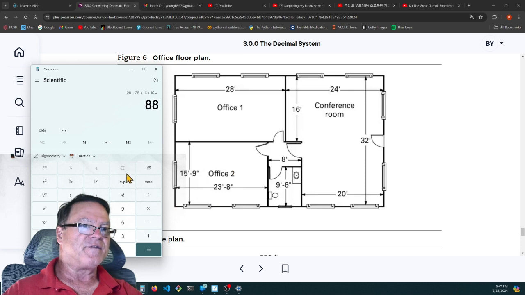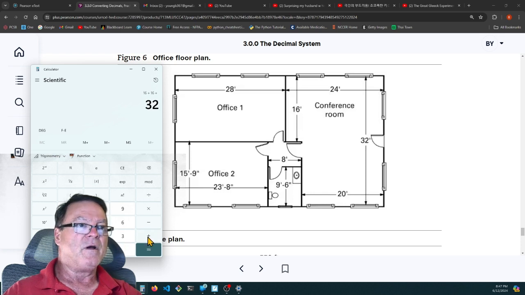The second office, 15 feet 9, I went ahead and rounded up to the nearest foot, 16 feet. This is 16 feet, this is 16 feet, and by 24 feet by 24 feet.